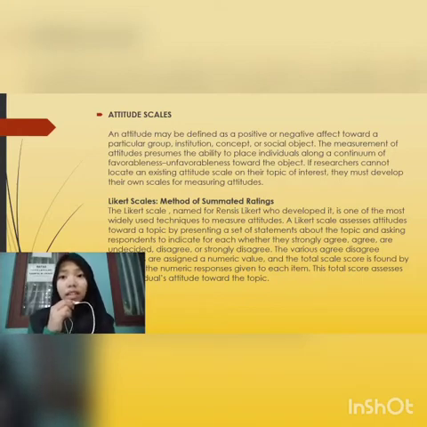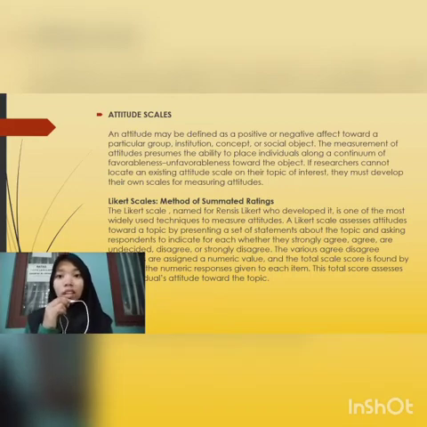A Likert scale assesses attitude toward a topic by presenting a set of statements about the topic and asking respondents to indicate for each whether they strongly agree, agree, undecided, disagree, or strongly disagree. The various agree-disagree responses are assigned a numeric value, and the total scale score is found by summing the numeric responses given to each item.